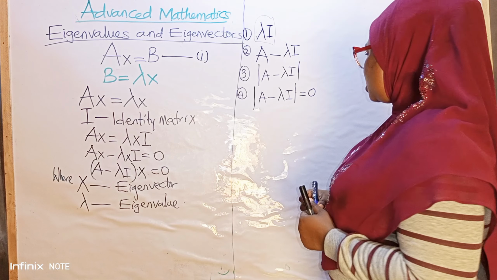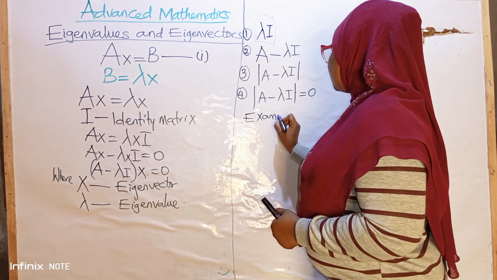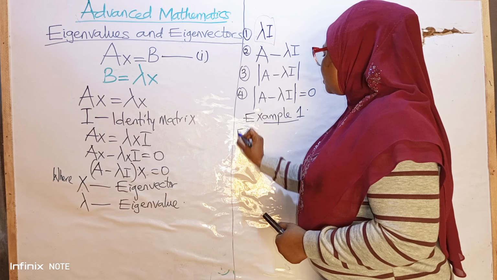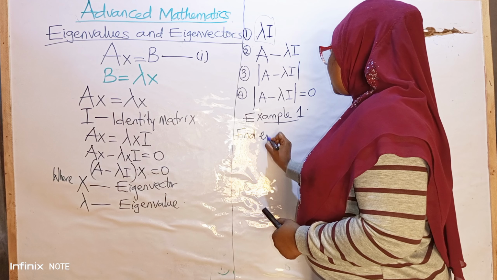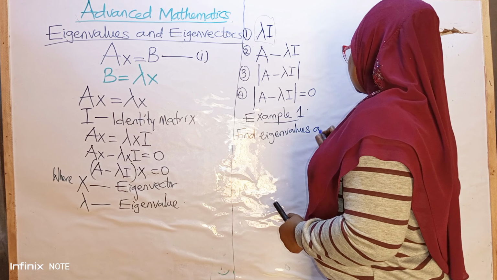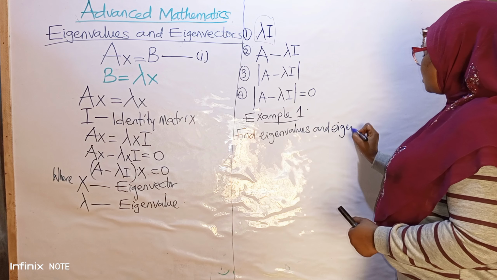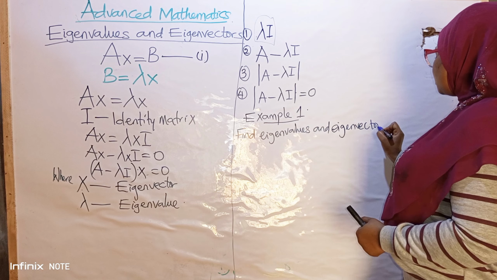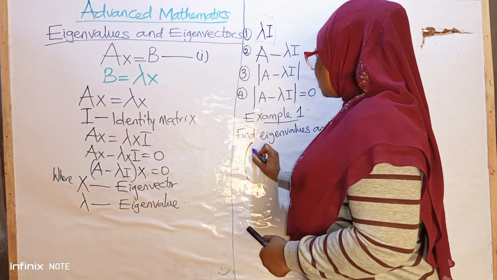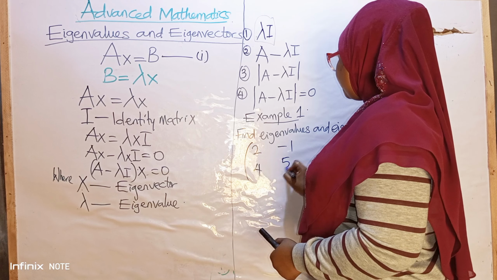So let's use an example to solve that. Example 1. Find the eigenvalues and eigenvectors of this matrix: 2, minus 1, 4, 5.